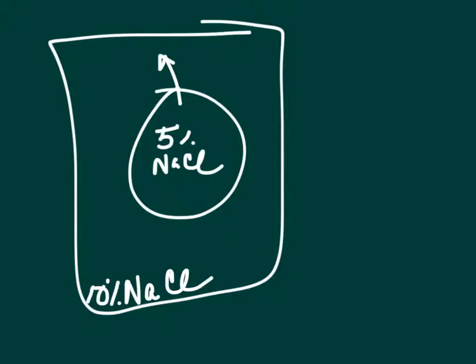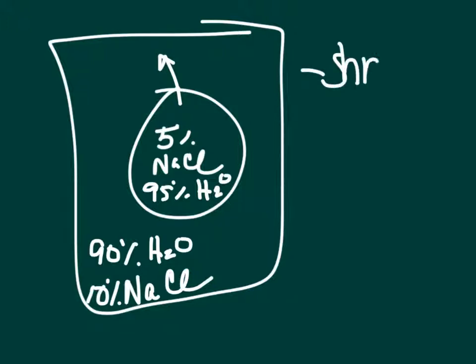If it is accurate, what is the concentration of water inside the cell versus outside? Is it going to be higher inside or lower? Higher. 95% water inside, right? It has to add up to 100. 90% water outside. Water rushes out, the cell shrinks.